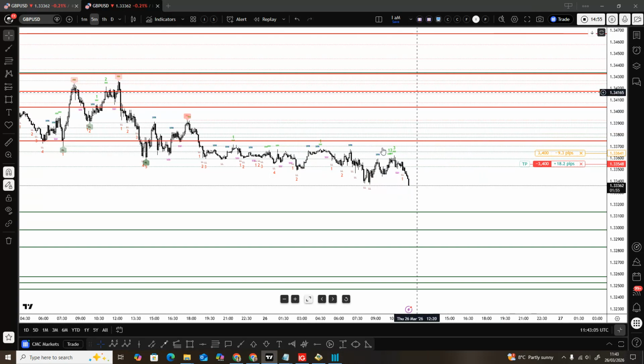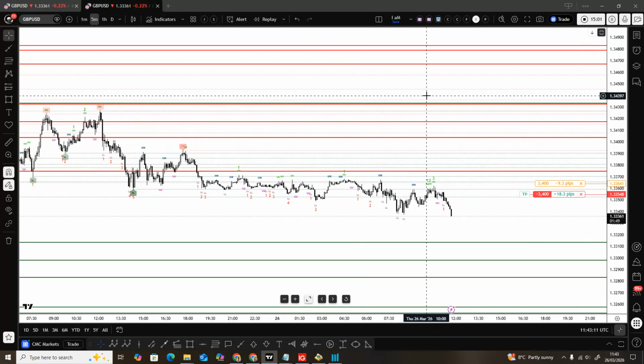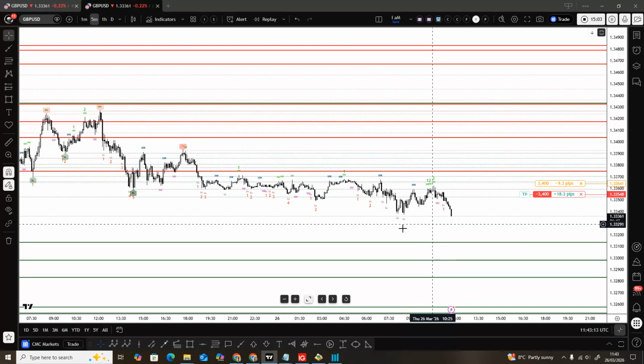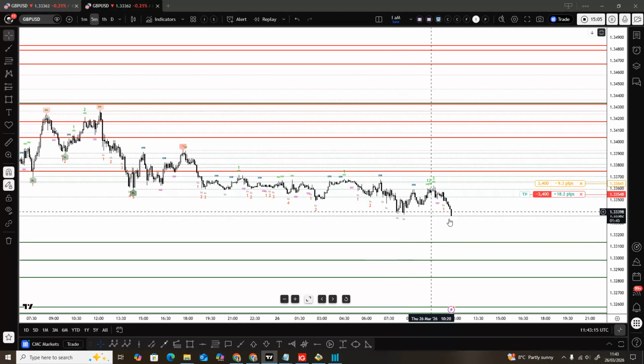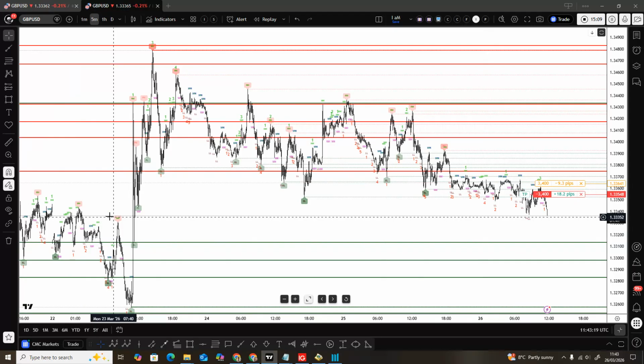Okay, so I took a break after taking that trade. Now we are trading at a major break. I'm trying to find one. Oh, we have one here which has already been broken.